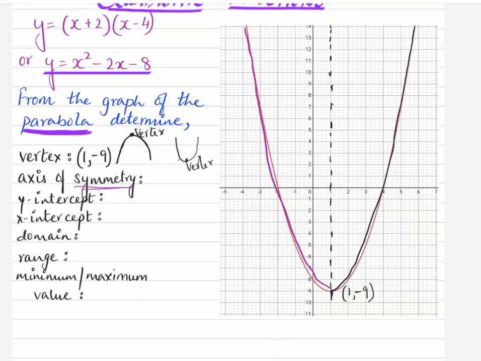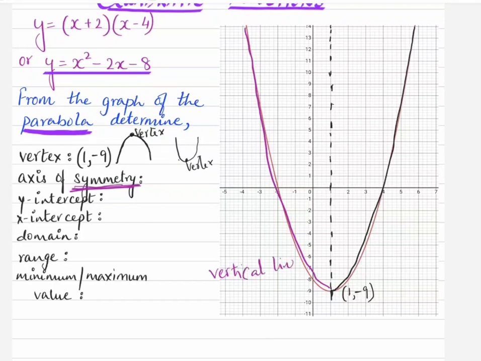And symmetry means something that divides the shape into exactly two equal parts, right? So here, the most important thing is it is a vertical line in this case.